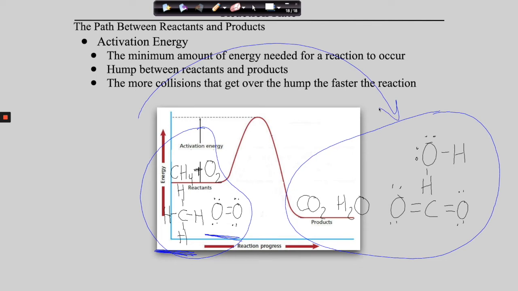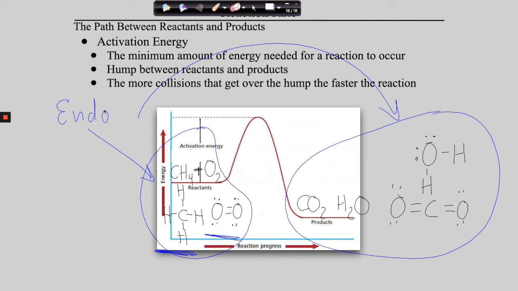The answer is the molecules on the left have got to break apart. The carbon has to detach from the hydrogen and the two oxygens have to detach from each other. So how do we do that? Well, we add energy. That makes this endothermic.